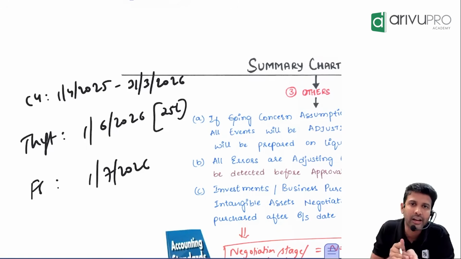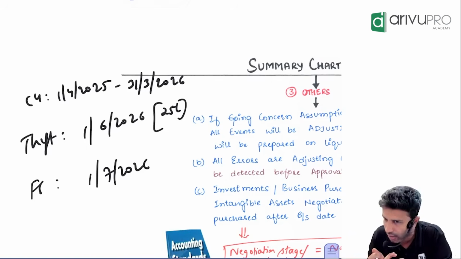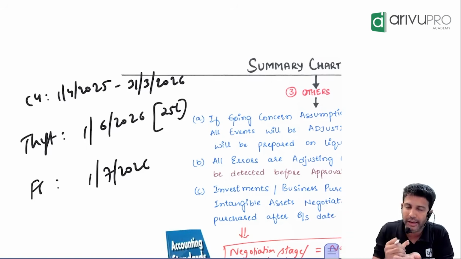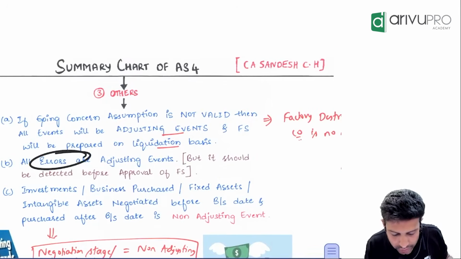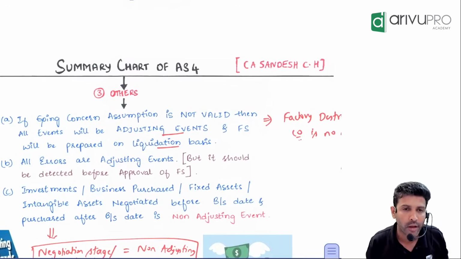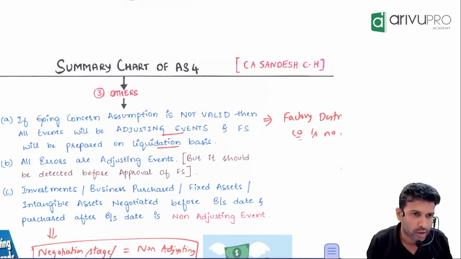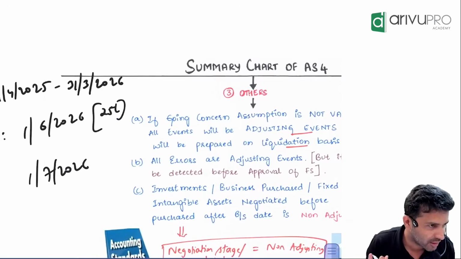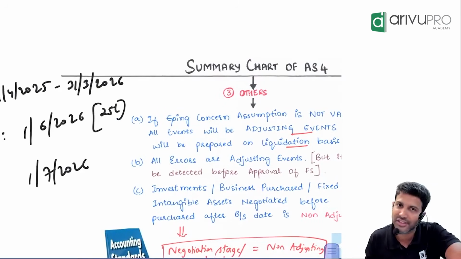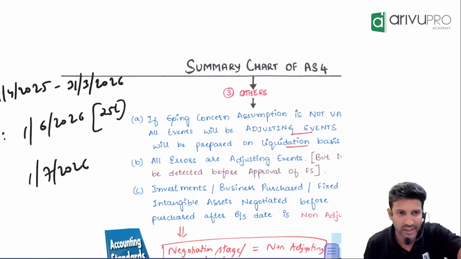If there is an error or a fraud which you are aware of, and there is a possibility to change it, you should always change it. Hence, we say all errors and frauds are what event? Adjusting event. You can't say on 31st March I had no clue. That would be illogical. So you have to go for the intention of the standard, not the literal interpretation of the standard.